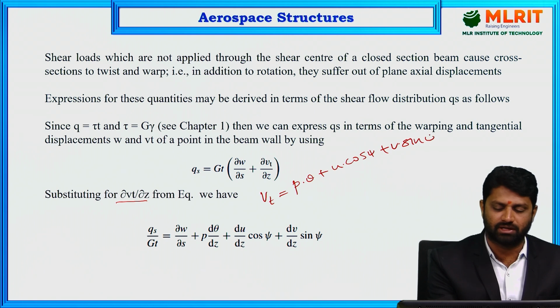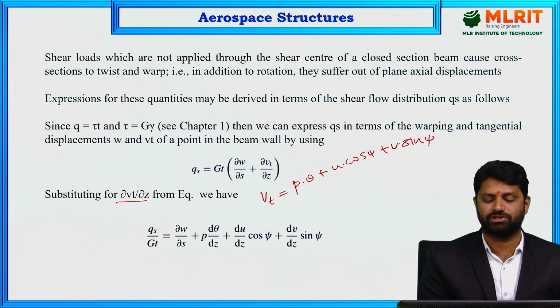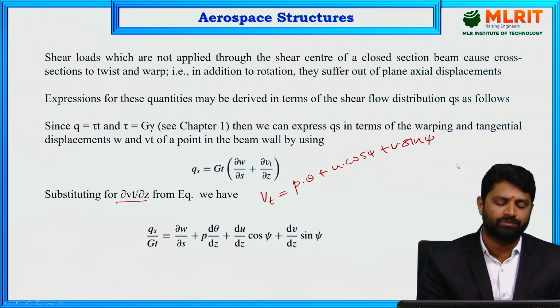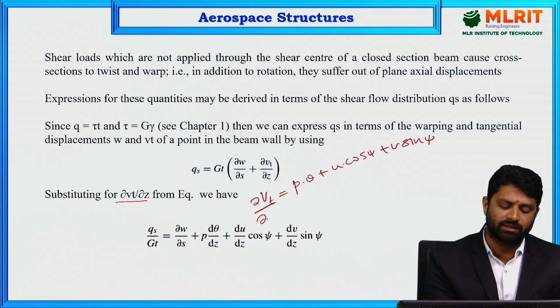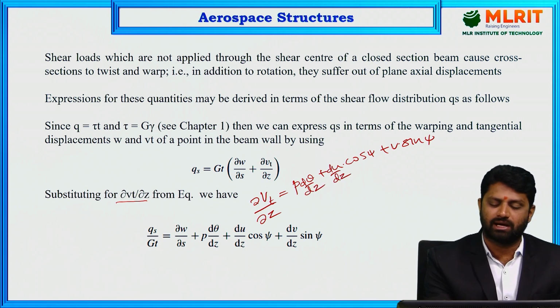Vt is nothing but the tangential displacement, and differentiating it with respect to z, you are going to get p into d theta/dz, plus du/dz into cos psi, plus dv/dz into sin psi. So this is ∂Vt/∂z.